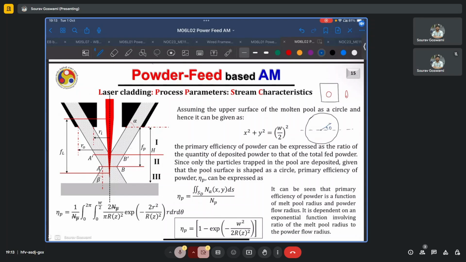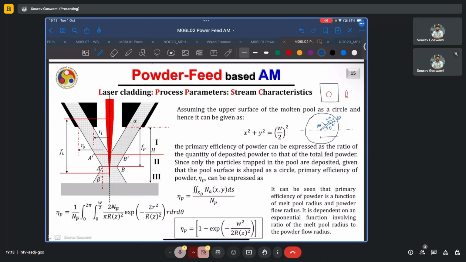At some angle theta, we take an element which is d theta thick and dr wide. So this dimension is dr and this dimension is d theta, and then we integrate it as r going from 0 to w by 2.